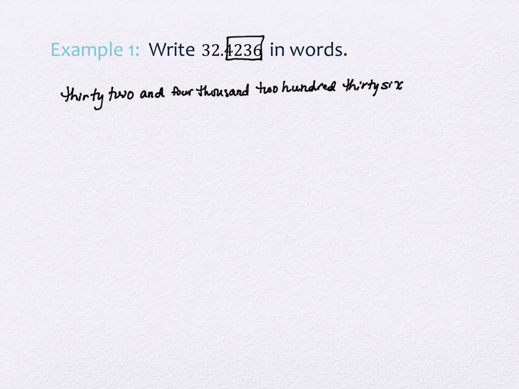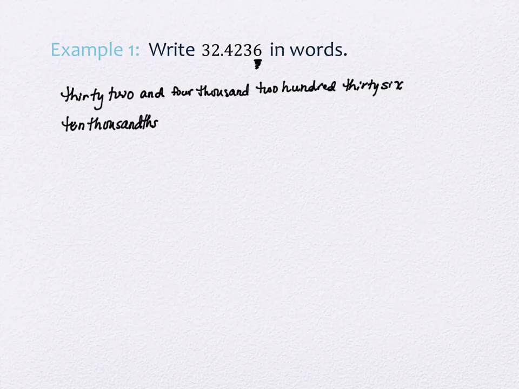And then the last thing identifies the location where it ends. Where does that 4,236 end? In other words, up here, what is the final place value that the 6 is in? Can you count over and see what it is? It's 10,000ths, and that's what we write at the end of this phrase. 10,000ths.